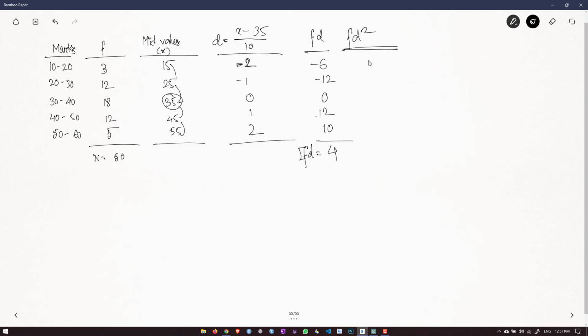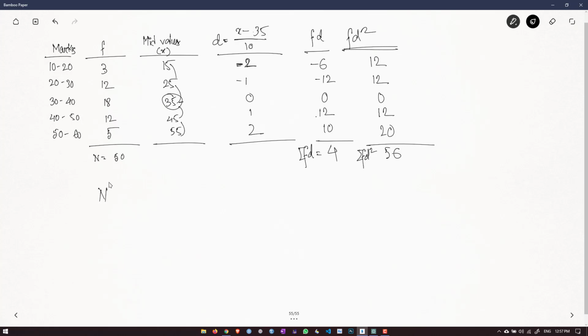Now what is fd square? fd square will be 12, 12, 0, 12 and 20. So this will total to 56. Now 56 is summation fd square.